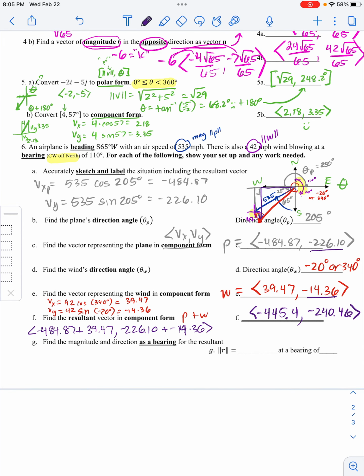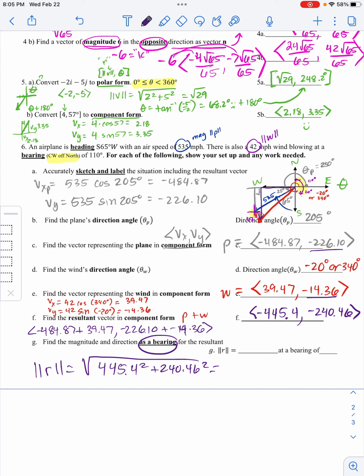But when I'm done, I want to be able to give my magnitude and direction. Now this one has a little tricky bit. It wants you to do it as a bearing. So let's first find theta. Well, actually, first, let's find the speed. And keeping in mind, I expect based on the length of my vectors in the picture, I'm expecting it to be longer or faster, I should say, than 535. So I'm going to Pythagorean theorize this whole bit.